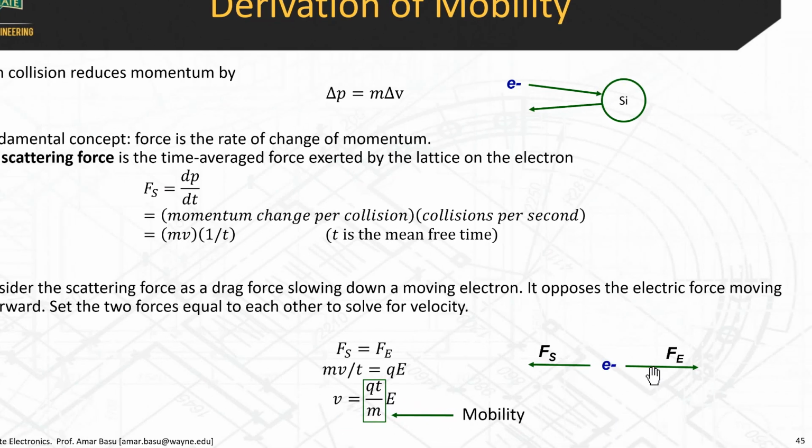If you set the scattering force, mv divided by t, and the electric force, qE, equal to each other, you come up with this mobility equation: velocity is equal to qt divided by m times the electric field. T is the mean time between collisions, q is the charge of the electron, and m is the effective mass of the electron.